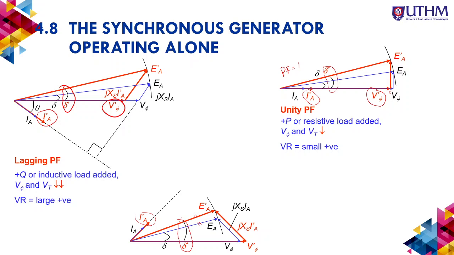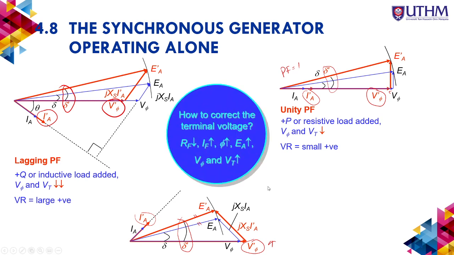EA is maintained, IA increases, and the angle here is larger. In order to connect this point, V phase becomes bigger, compared to the others, which are reduced.